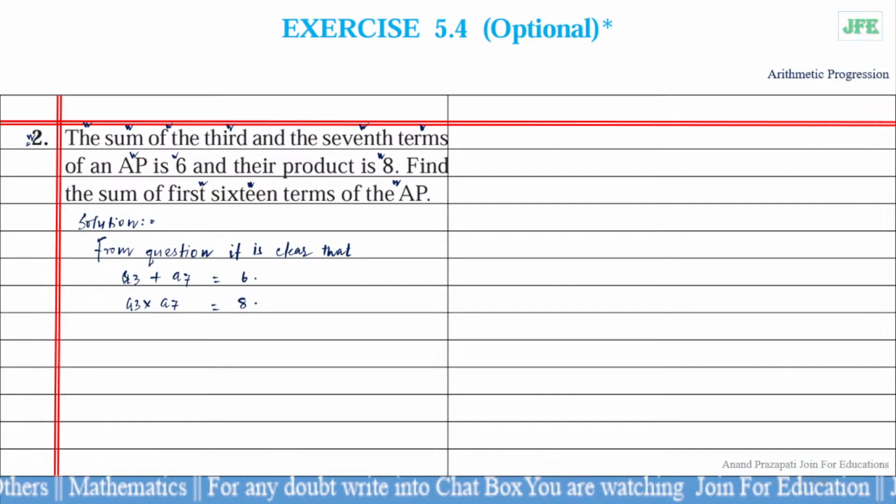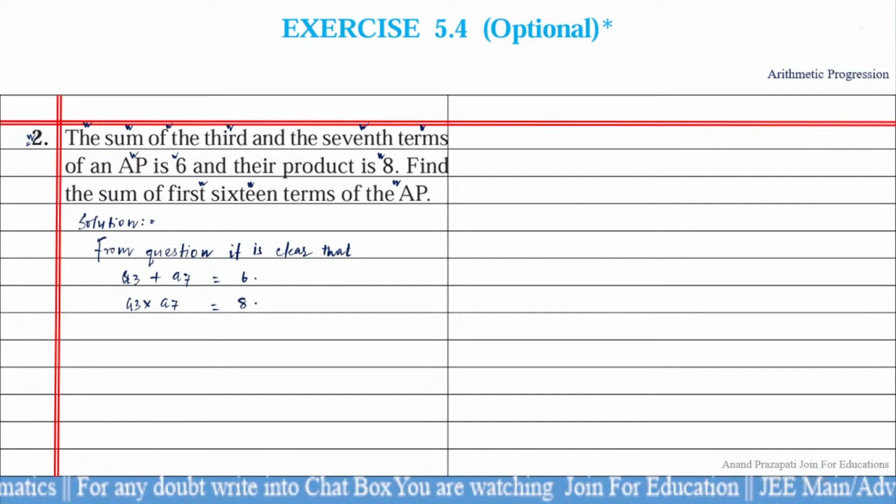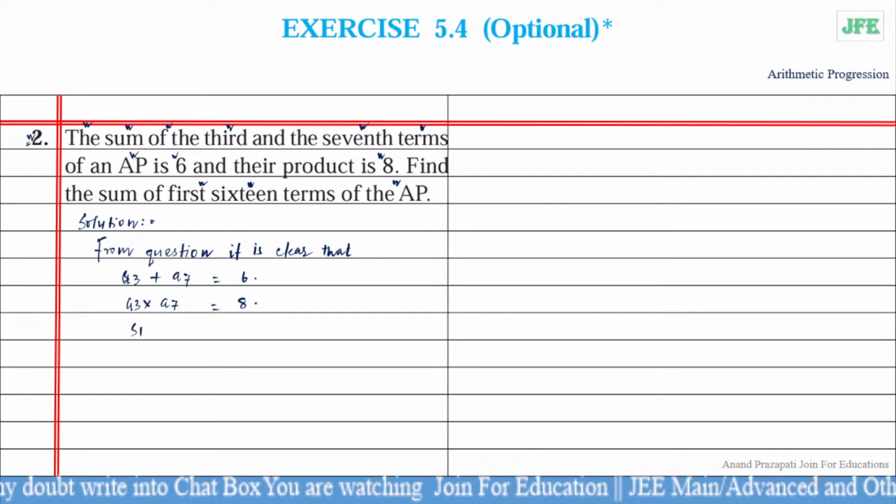This is given in this question and we are asked to find the sum of first 16 terms. It means S16 equal to what?